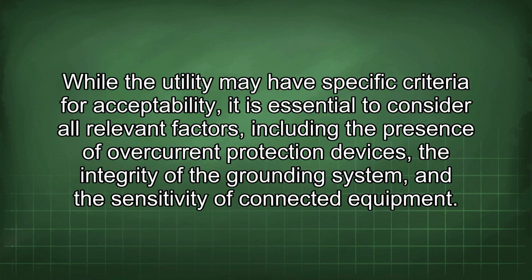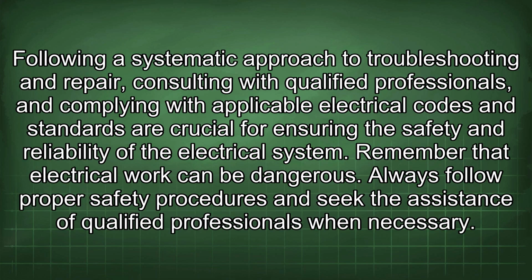While the utility may have specific criteria for acceptability, it is essential to consider all relevant factors, including the presence of overcurrent protection devices, the integrity of the grounding system, and the sensitivity of connected equipment. Following a systematic approach to troubleshooting and repair, consulting with qualified professionals, and complying with applicable electrical codes and standards are crucial for ensuring the safety and reliability of the electrical system.